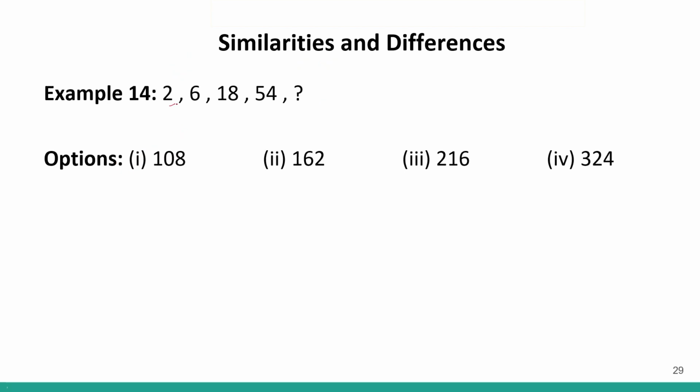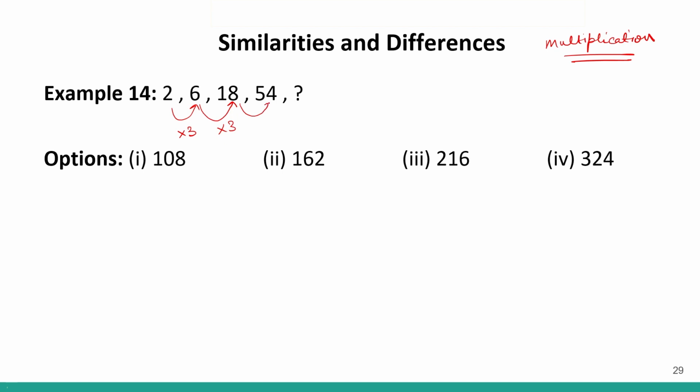Now, 2, then 6, then 18, then 54. So whenever I told you that whenever we see a huge jump, let us try multiplication. So whenever there is a huge jump, there is a possibility that the operation is multiplication and not addition. So from 2 to 6, I can see that we are multiplying it by 3. From 6 to 18, again multiplication by 3.